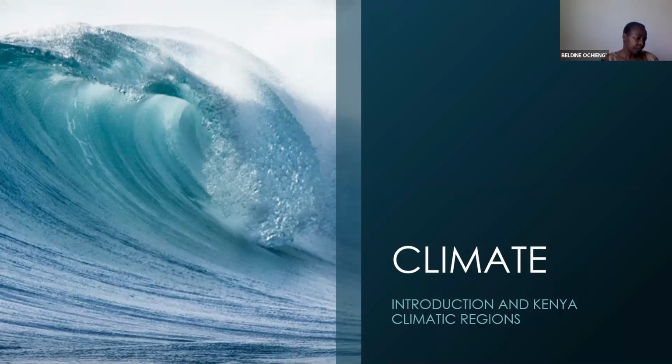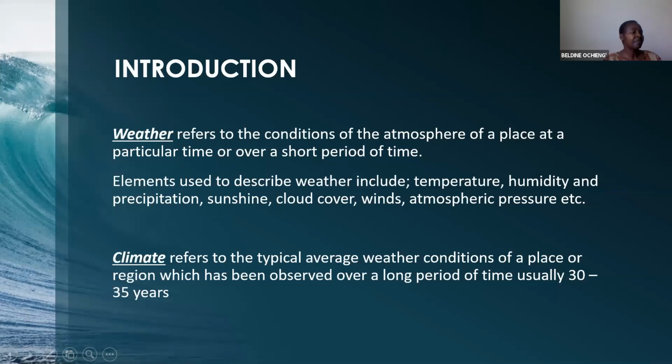So, introduction of climate. Climate is from weather. So what is weather? Weather refers to the conditions of the atmosphere of a place at a particular time of a short period. That is weather.